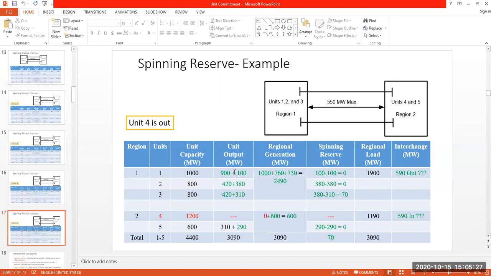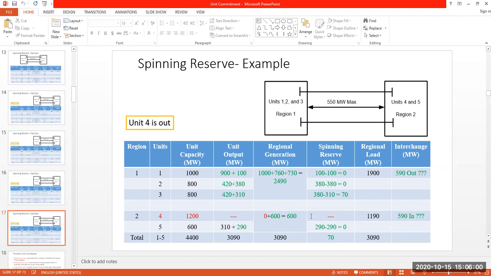So what we are doing: this is missing, so first of all I take this 290. This 290 will not be available anymore. So how much is the total generation now here? I have only 600 available.